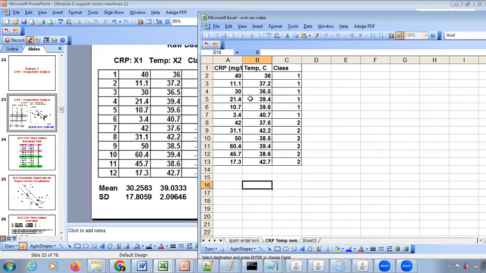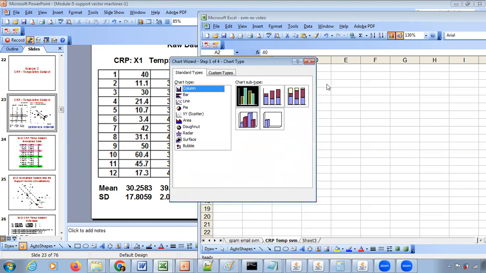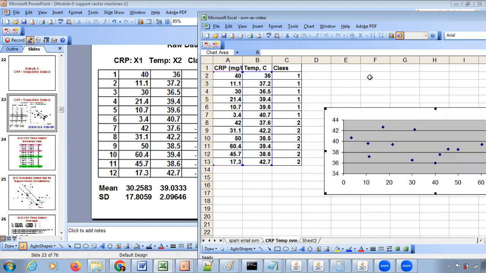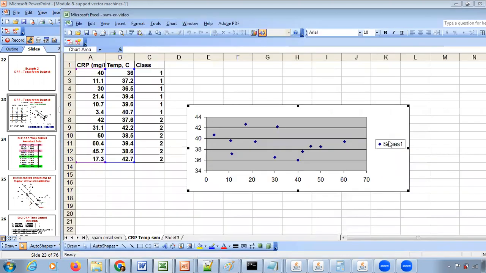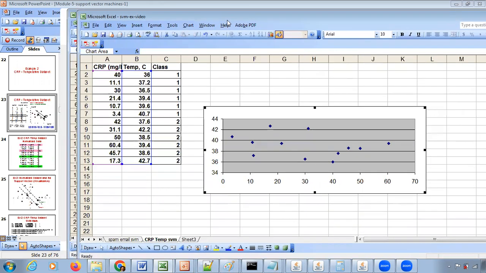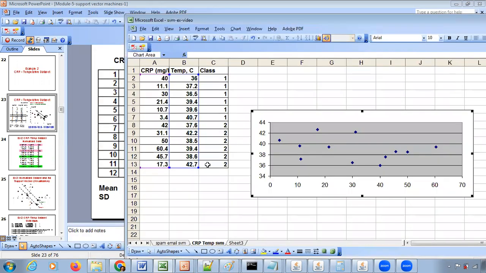All right. So the first step is to visualize it. And this is what we have here. So as I said, the CRP values range from about 5 to 65, or 3 to 65 actually, to look at the data.